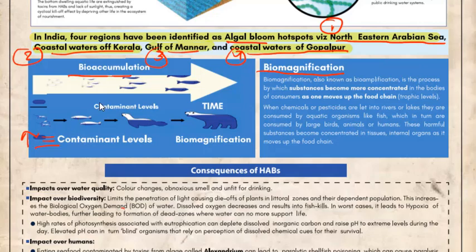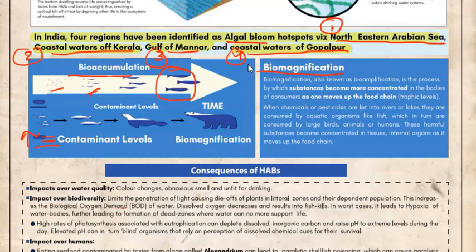This will be an add-on. As shown in this figure, a large fish will eat a small fish and have bioaccumulation. Next, this is the biomagnification. The larger fish will create more bioaccumulation, and in the upper trophic level, it will create more biomagnification.